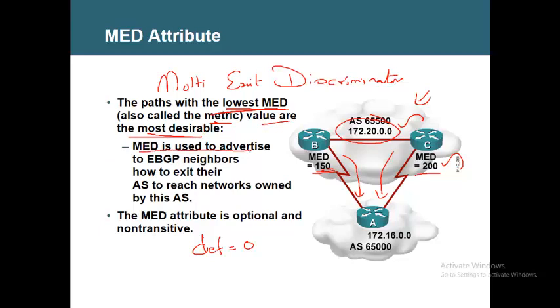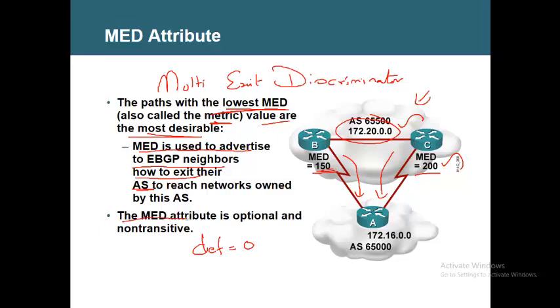MED is used to advertise to EBGP neighbors how to exit their autonomous system. So this MED is dictating to A how to exit, advertising to the autonomous system of A how to exit in order to reach 172.20.0.0.